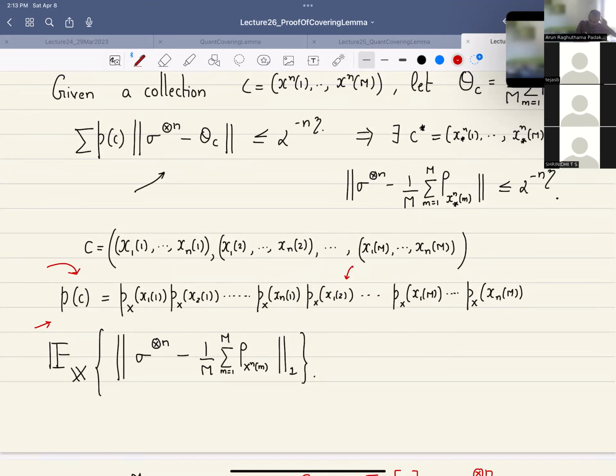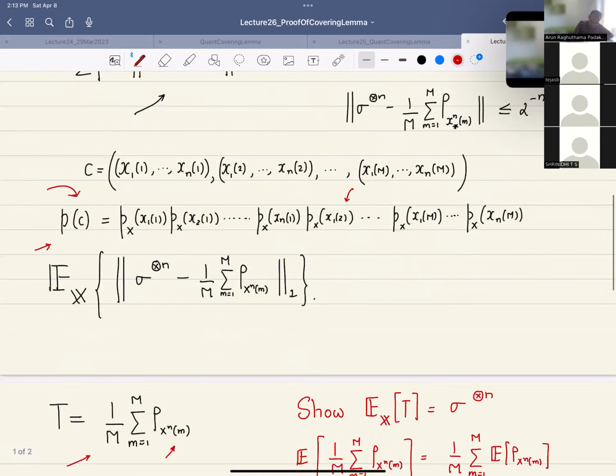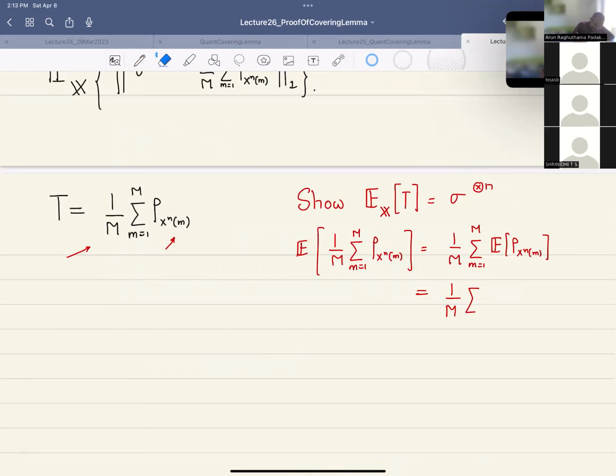You just sum over all the other guys, and you essentially get the product. The probability that capital Xn of m takes the value xn is just Pxn of xn times the value when it is xn, and you sum over all xn. So this is just sigma tensor n.